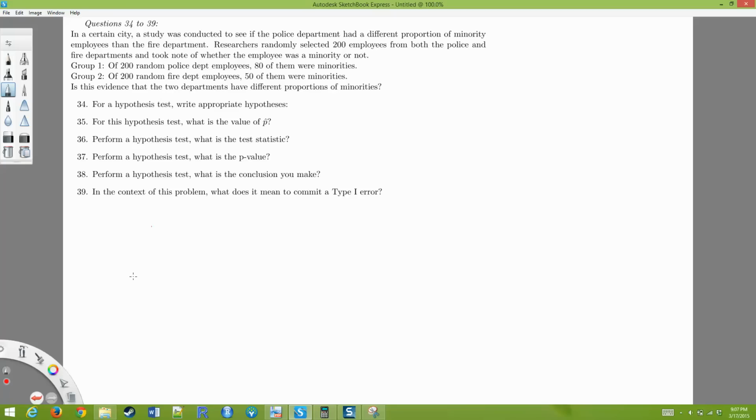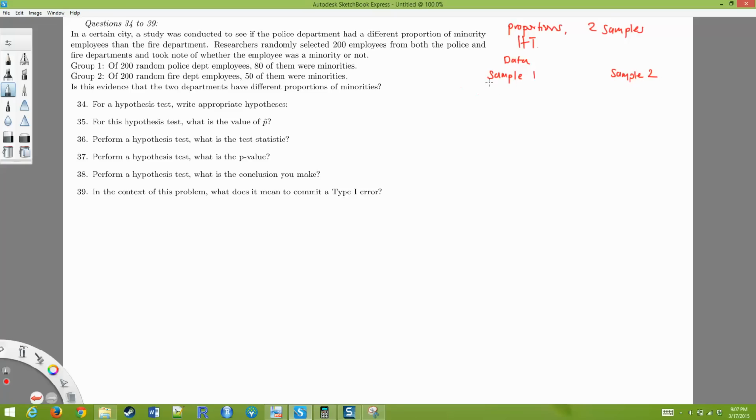let's see. Do we have one sample or two samples? Are we dealing with means or proportions? Okay, we got proportions. And how many samples do we have? Two samples. And we're doing a hypothesis test. So let's look at our data. Sample 1 and sample 2.